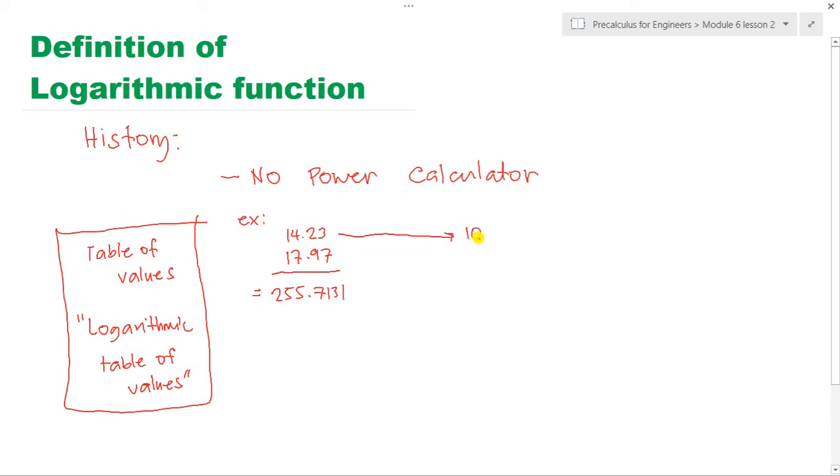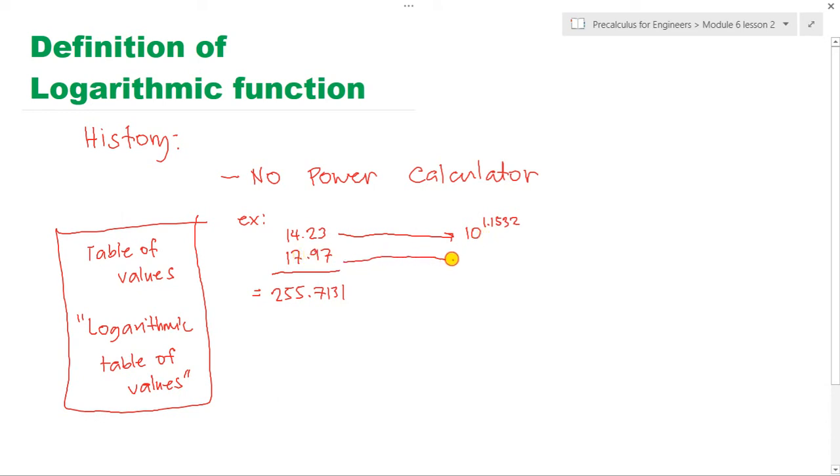In their case, base 10. And this 14.23 is just equivalent to 10 raised to the power of 1.1532. The power is also in decimal form. If simplified, it equals 14.23.